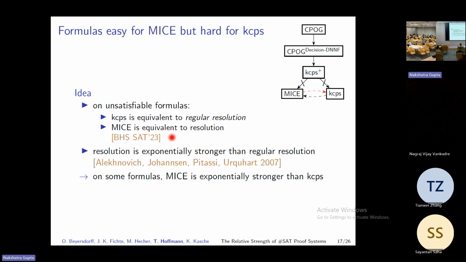And MICE, on the other hand, is equivalent to resolution on unsatisfiable formulas. There are many results that show exponential separations between regular resolution and resolution. So this is just one of these results. There are others. And if we just stick these things together, then we immediately obtain this result that MICE is on some formulas exponentially stronger than KCPS.